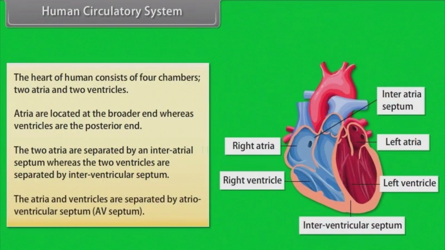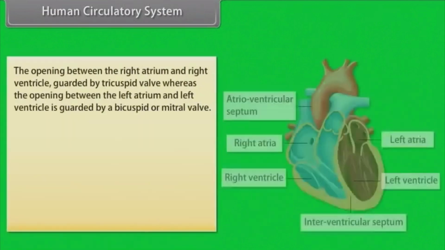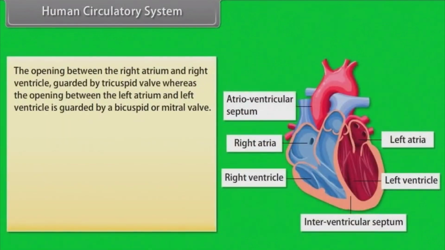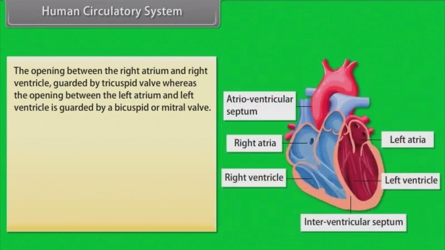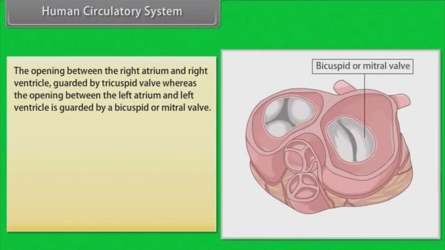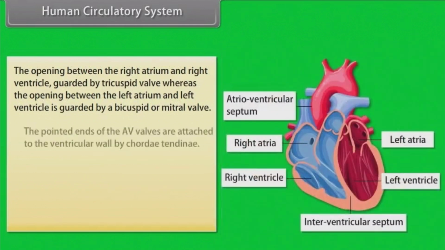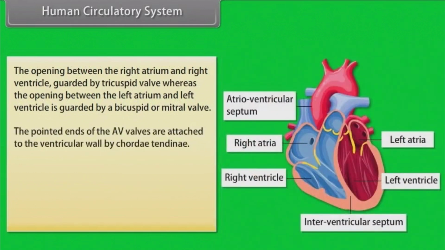The atria and ventricles are separated by the atrioventricular septum. The opening between the right atrium and right ventricle is guarded by the tricuspid valve, whereas the opening between the left atrium and left ventricle is guarded by the bicuspid or mitral valve. The pointed ends of the AV valves are attached to the ventricular wall by chordae tendineae.